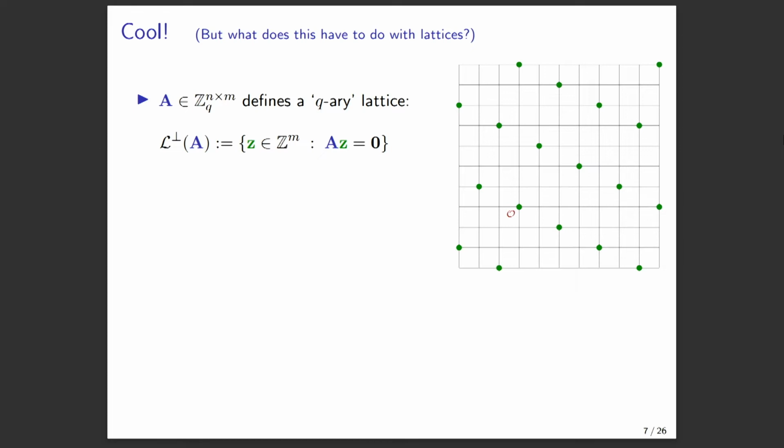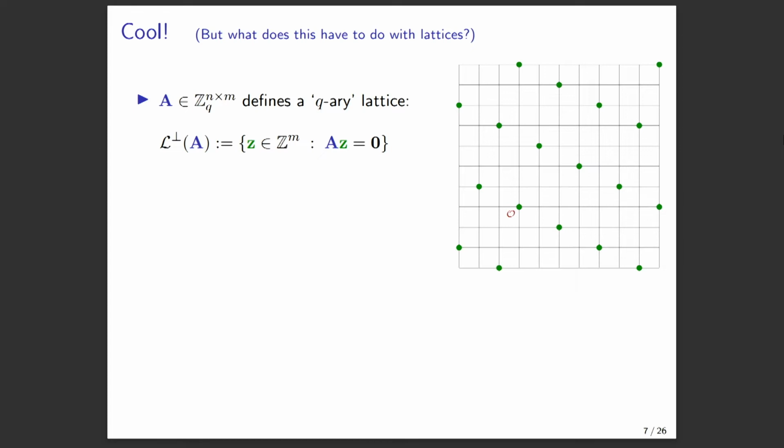Okay? So this matrix A that we pick, this random matrix A, you can use it to define what's known as a Q-ary lattice, or a mod Q lattice. And this lattice is simply the set of all integer vectors in the kernel of A. So AZ equals 0 mod Q. And this is without regard to the norm of Z. We don't care about the binary, ternary, short, whatever condition.